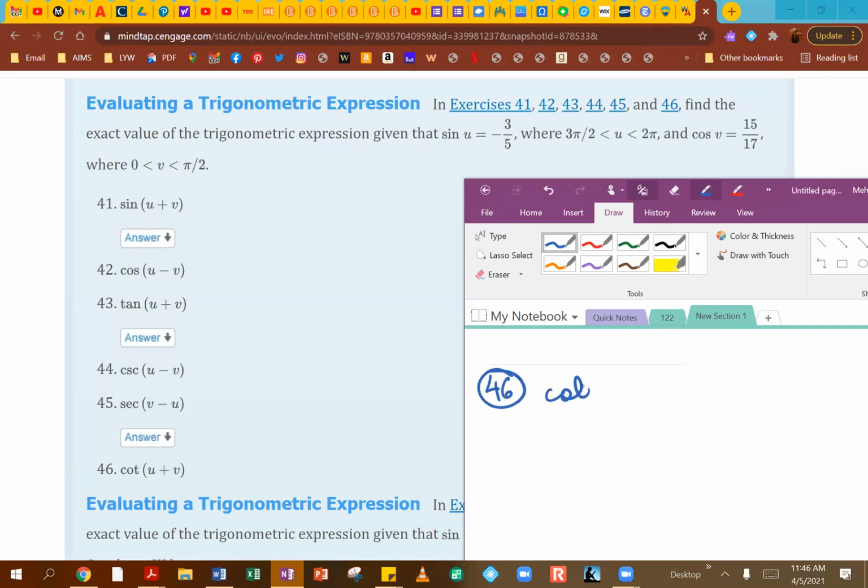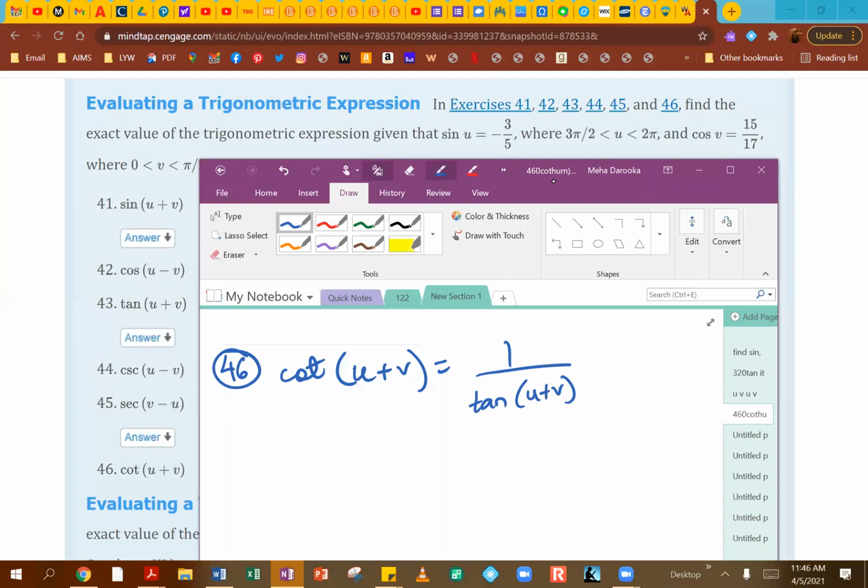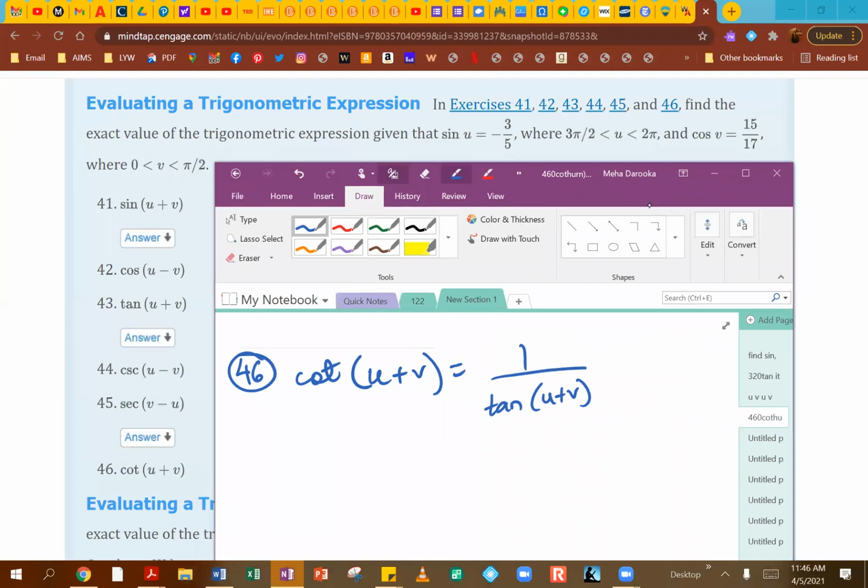So you are given cotangent of u plus v. To solve it, we are going to have to solve 1 over tangent of u plus v. And they are telling us sine of u equals -3/5, and u falls in the 4th quadrant, between 3 pi over 2 and 2 pi.